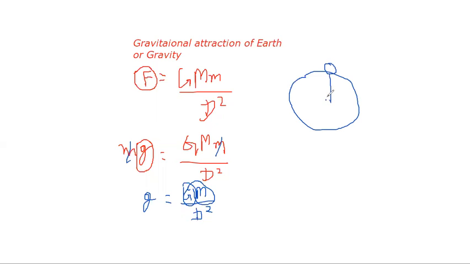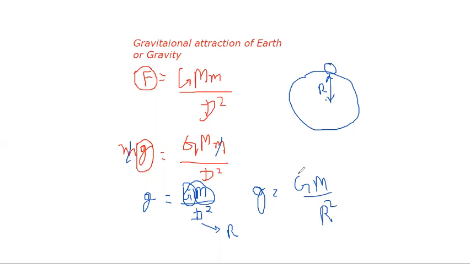So what is the distance between the body and the Earth? The distance between the body and the Earth is nothing but the radius of the Earth. So we can replace this d with the radius of the Earth. So g becomes almost equal to capital G M by r square.